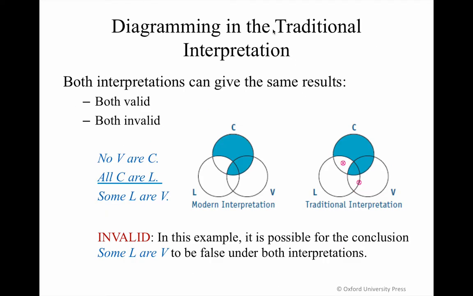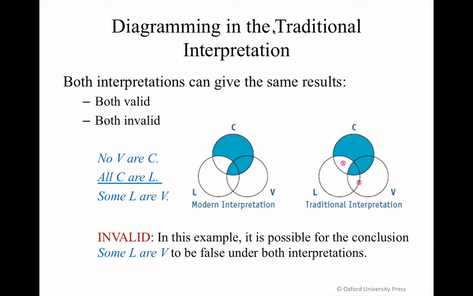So let's look at the modern interpretation of the argument, no V are C, all C are L, so some L are V. We can see that the argument is invalid. It's invalid because there is no X in the area of overlap between L and V. Now let's take a look at the traditional interpretation.